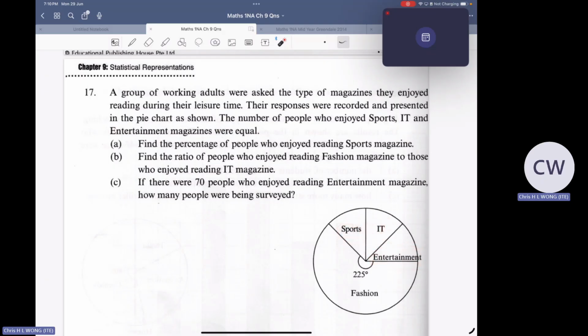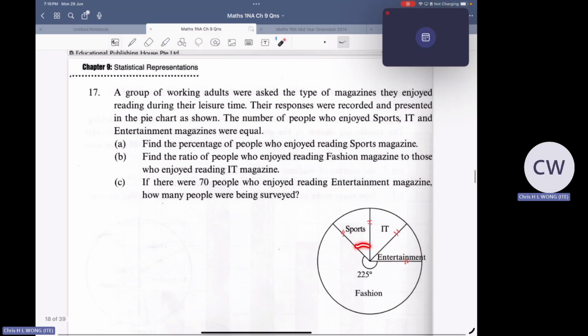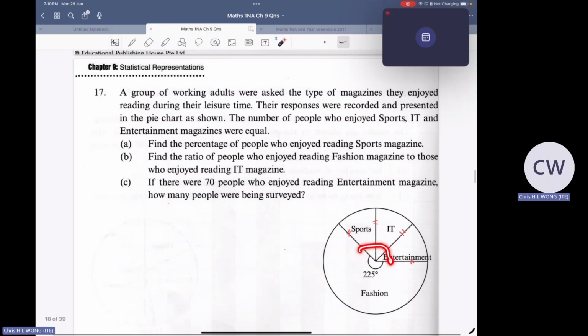When they say the same, it means the degree here, here, and here is the same. Okay, so I shall put it as this is equal to this is equal to this. So I know these 3 degrees are the same. If I can find 3, I can find 1.